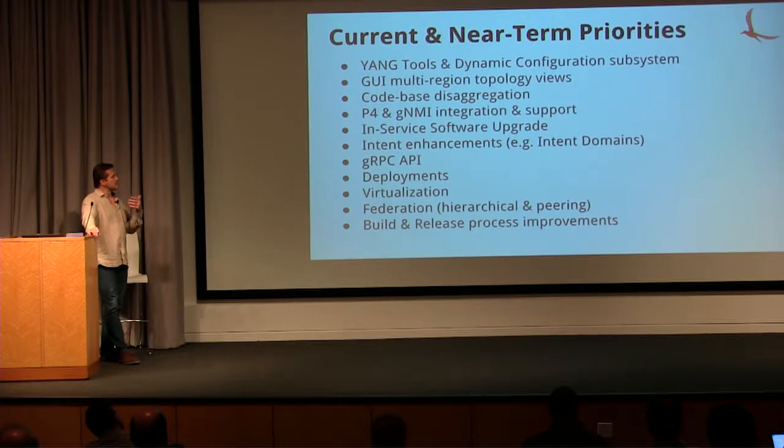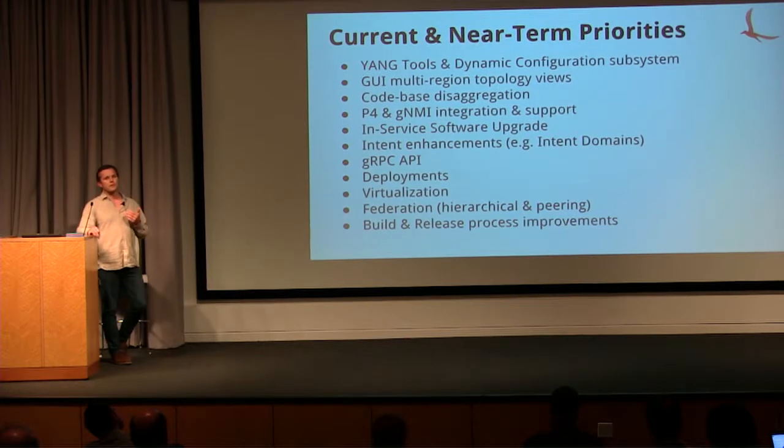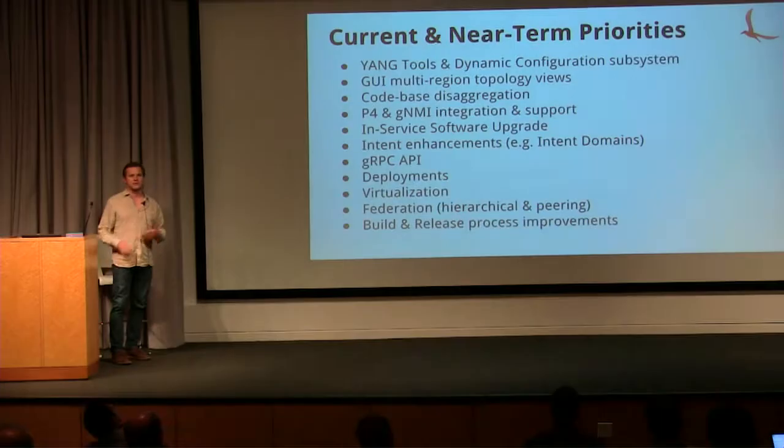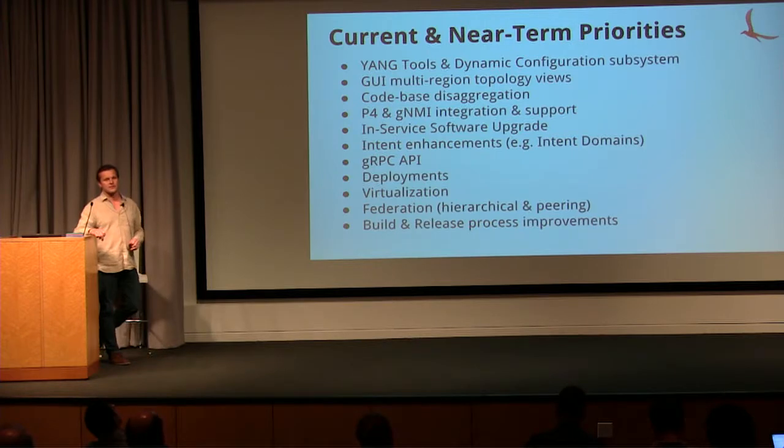There are enhancements in the UI to help users visualize multi-region topologies. Today's ONOS UI is very nice, but if you put up 2,000 nodes, it's difficult for a human to visualize and digest this information.